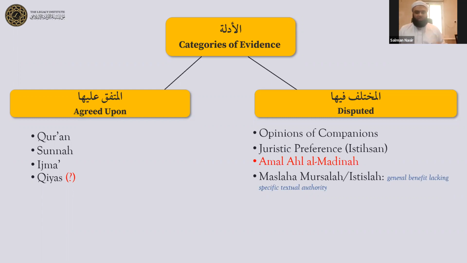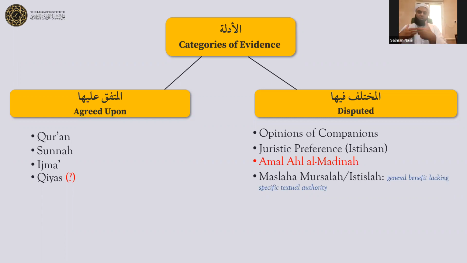Ibtal al-Istihsan is very interesting because it shows very clearly that Imam Shafi'i was very interested in the question of what constitutes valid evidence and what does not, and how do we derive those evidences?